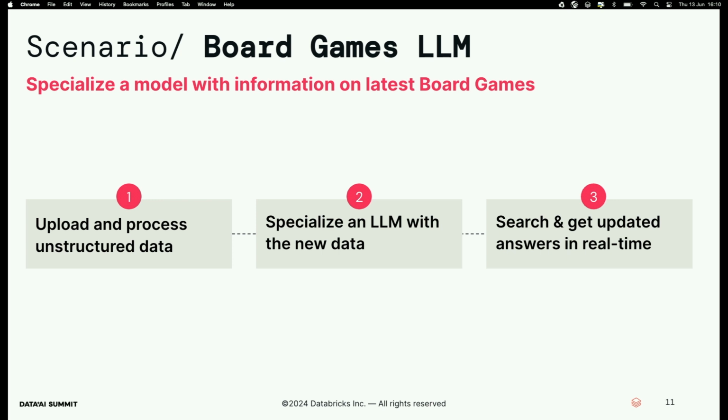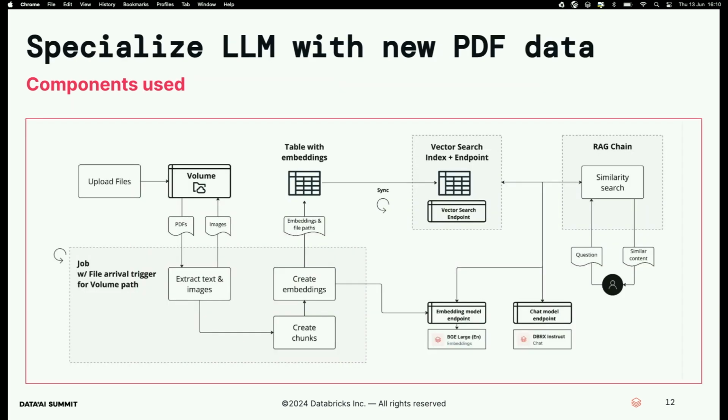and then get in real life up-to-date answers with information from these documents. So it's a bit more complex than 3 steps. There are a few additional components involved, and I have this diagram that I'll use to guide you through the overall process that you will see actually live as a demo. So of course, we will use a volume. We will upload instructions about board games to this volume. And then we will want to extract images and text from these PDFs.